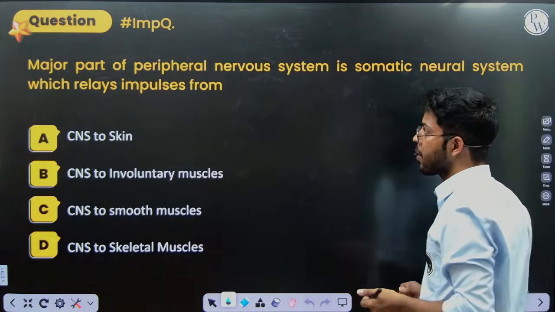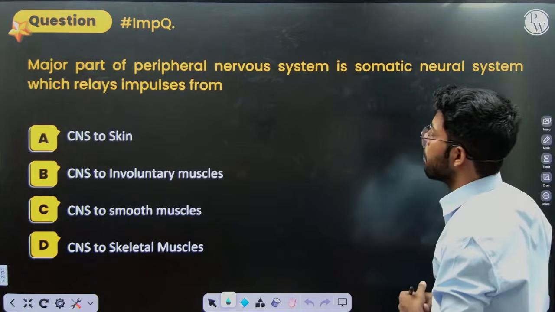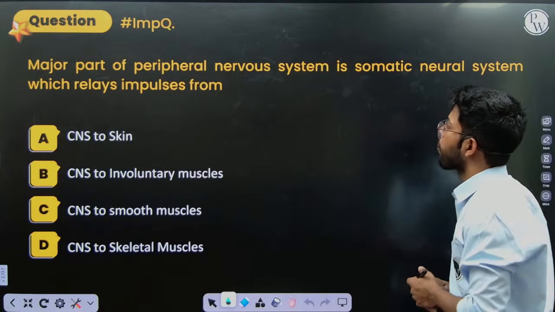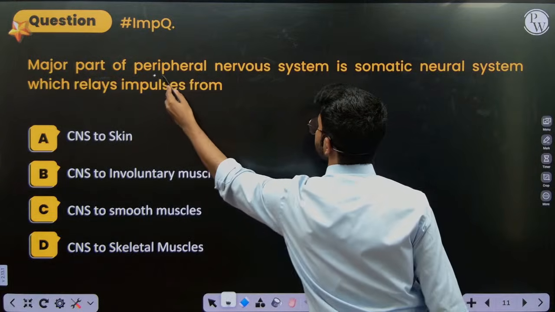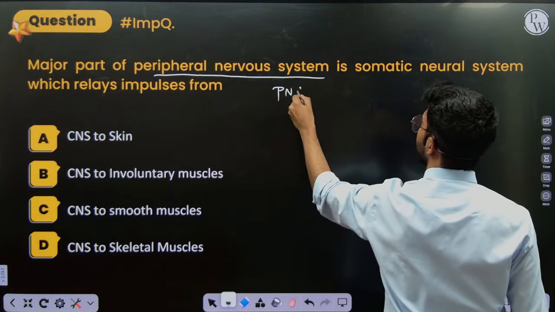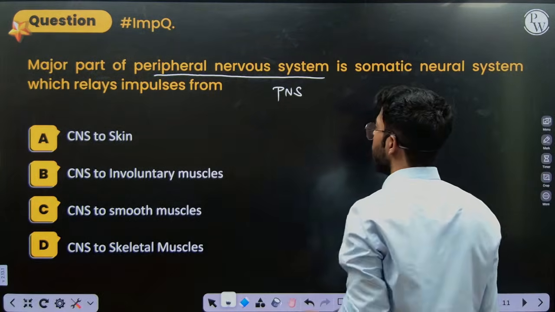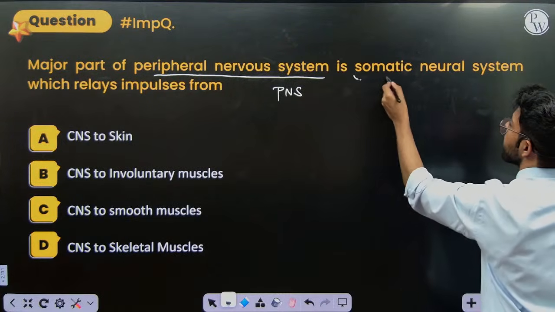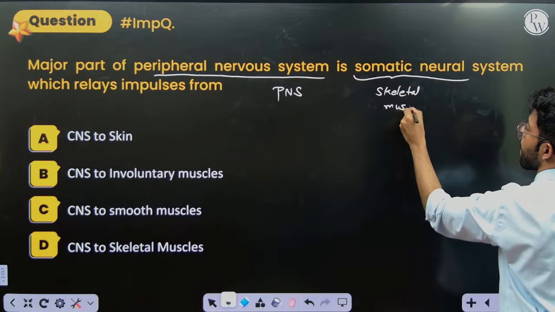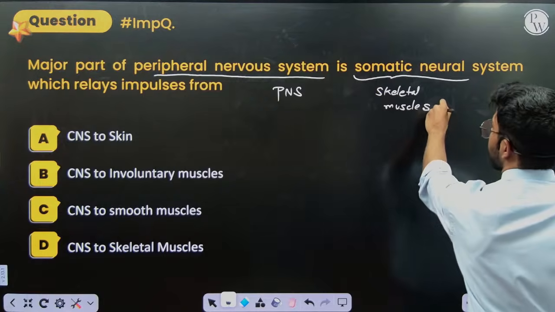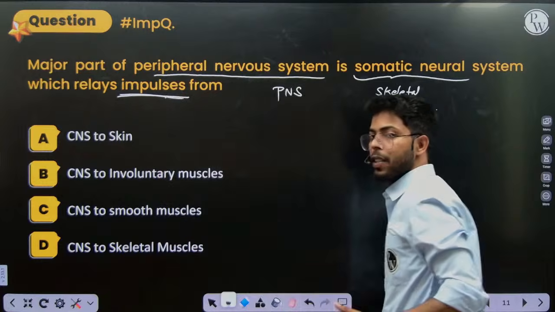Now the question is: the major part of the peripheral nervous system is the somatic neural system, which relays impulses from. The question is asking about the peripheral nervous system, that is the PNS, and the somatic nervous system, which relays impulses from. Somatic means the skeletal muscles, and impulse is the transmission of signal.